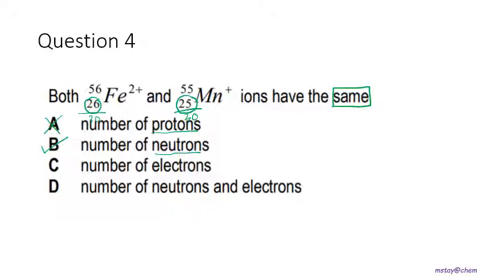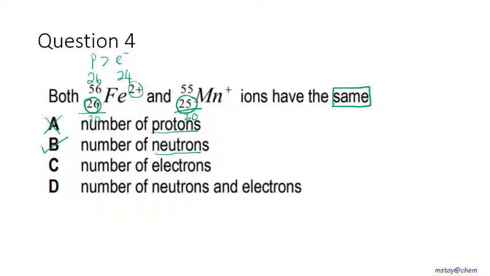But we have one option here that is number of neutrons and electrons, so we need to check whether they have the same number of electrons. Fe has 26 protons, but it is 2+, so protons are more than electrons by 2. So the number of electrons is 24. The same case goes for the manganese ion.